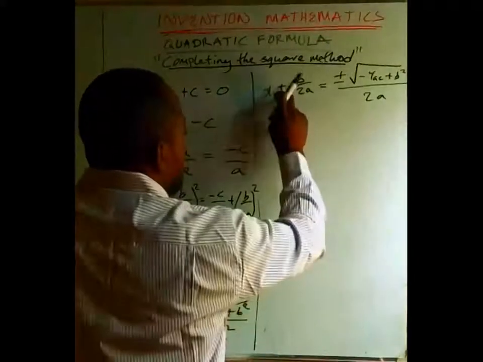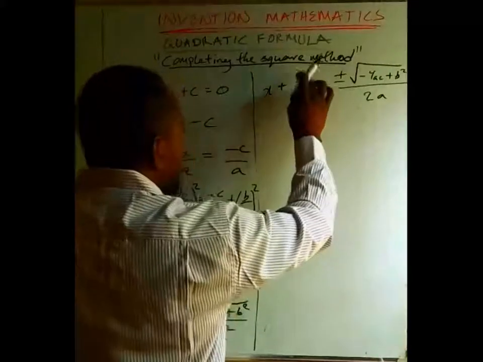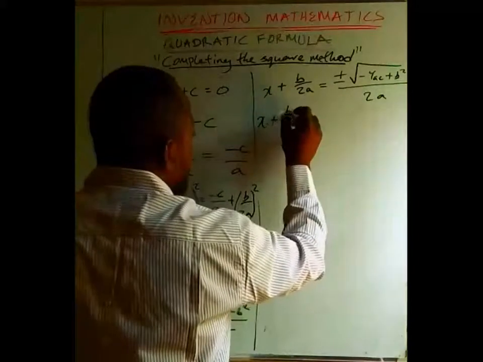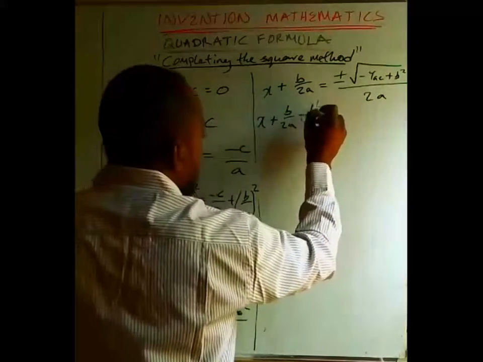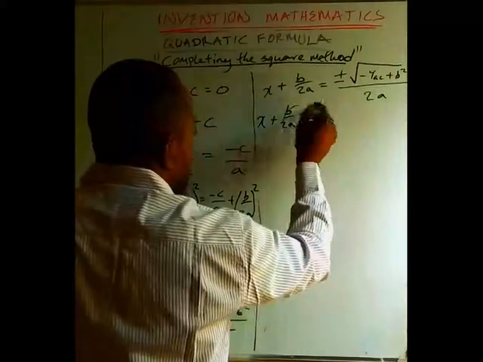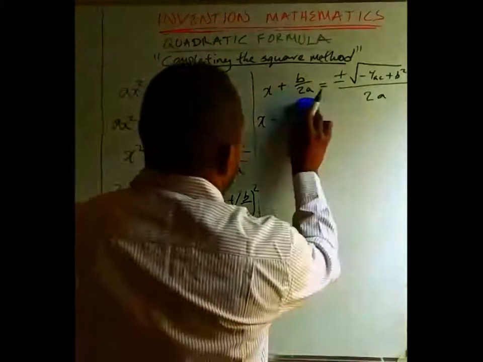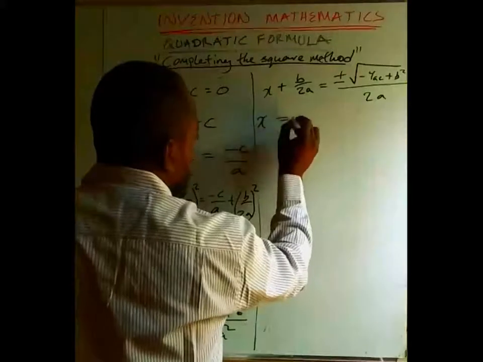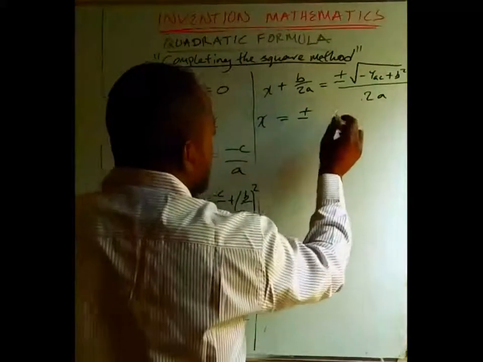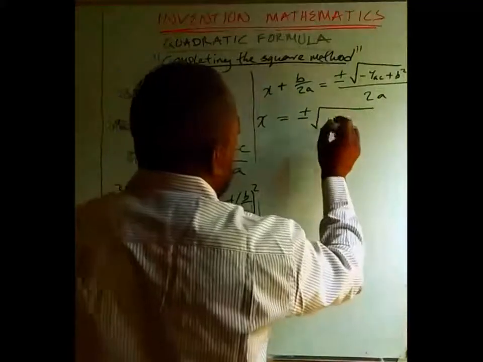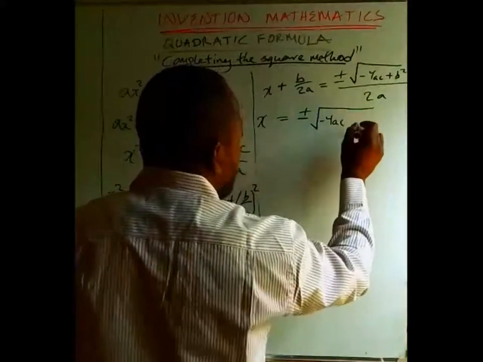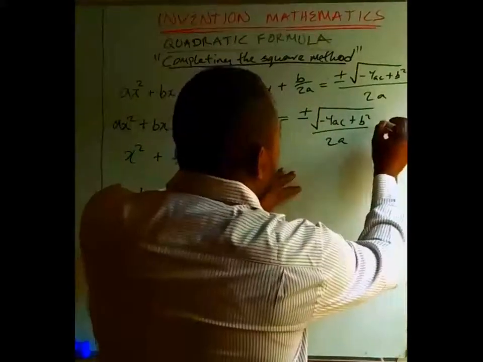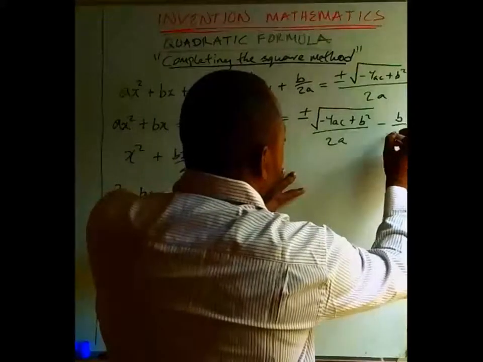We are looking for x. Let's subtract b over 2a from both sides. So we have x plus b over 2a minus b over 2a. This is what we cancel. So we simply say x is equal to plus or minus the square root of minus 4ac plus b squared all over 2a, minus b over 2a.